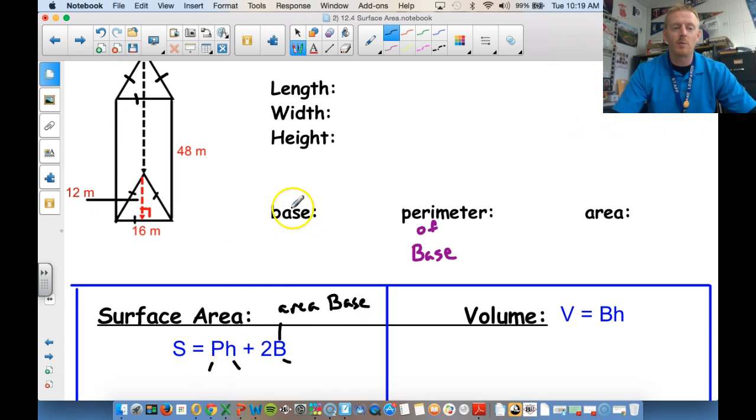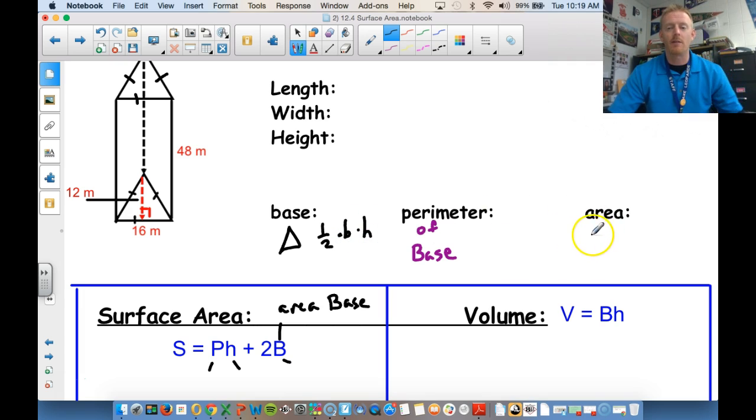So in this shape we have a triangular base, which means we're going to be using the formula of 1/2 times base times height. So the area of our triangular base would be 16 times 12 times 1/2.